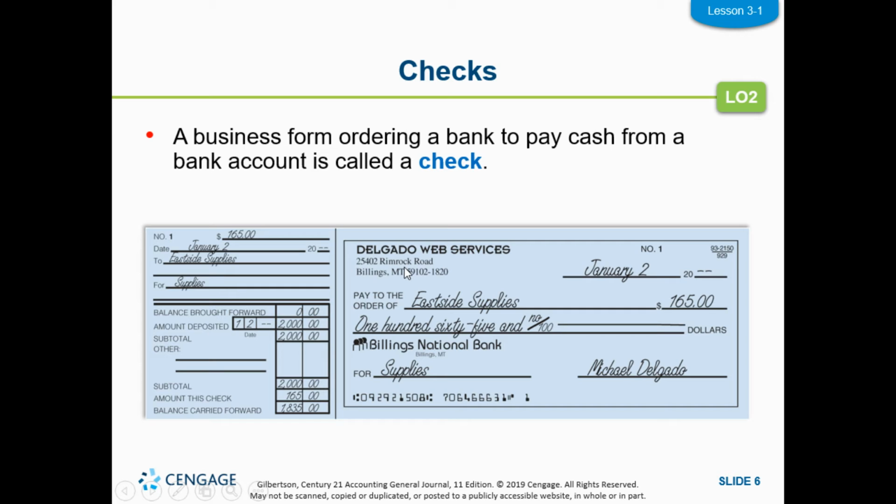And by the way, a lot of businesses have carbon copies of checks, right? So you'd have a record in your checkbook of that carbon copy. If not, you would have the check stub over here. And anymore now as well, banks will leave you with copies of your check in your banking system. You can click on a link and it'll bring you a copy of your check. But you want to record the check as it's issued.